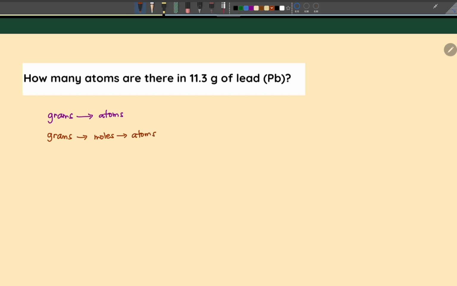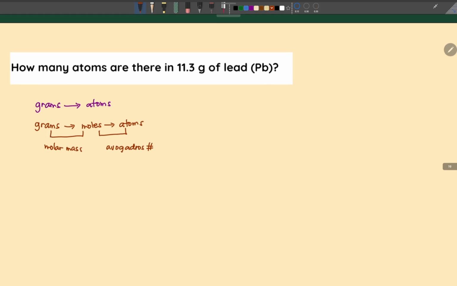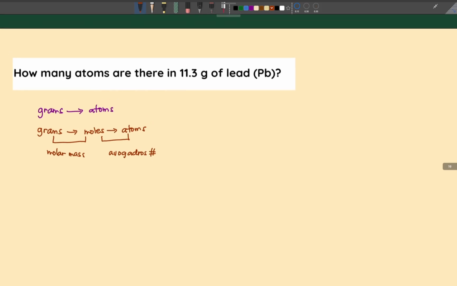So there you'll be using molar mass, and then in this part, you'll be using Avogadro's number. Okay, so we write first the given. I have 11.3 grams of Pb. This is just an atom, so atomic mass will have the atoms.